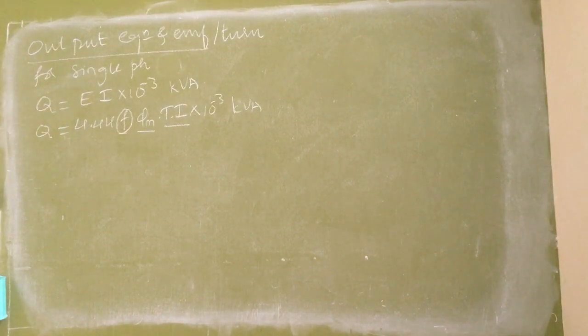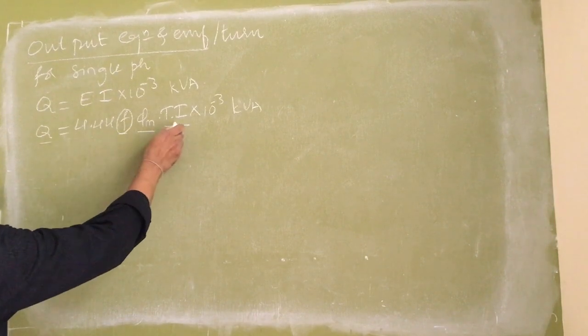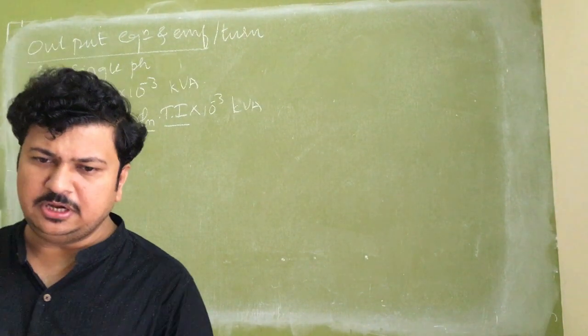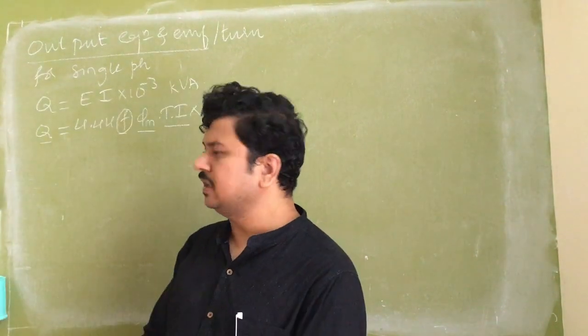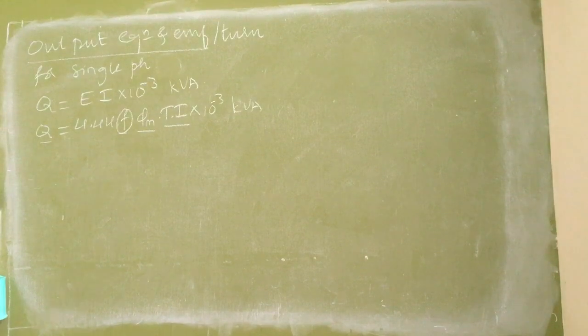So for a given supply system, the frequency will be a constant. Now the output Q is completely depending upon phi m and ampere turns. But how are these phi m and ampere turns deciding the output?